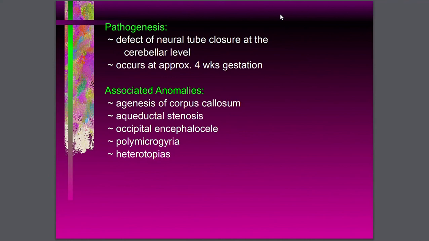So there may be associated agenesis of the corpus callosum, stenosis of the aqueduct of Sylvius, there may be an occipital encephalocele, polymicrogyria, and heterotopias. So I had explained those entities already. Next slide, please.